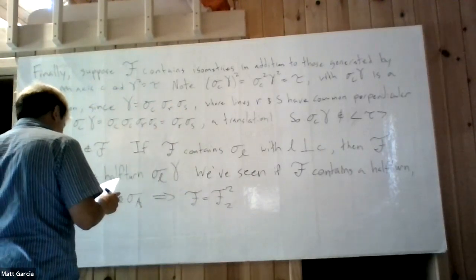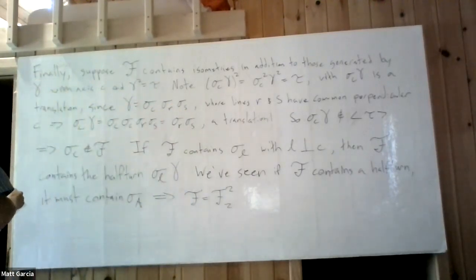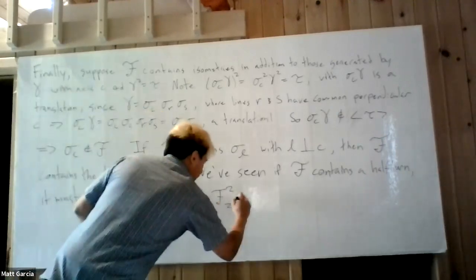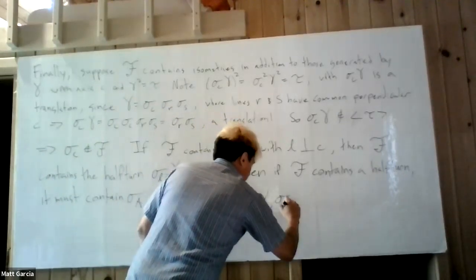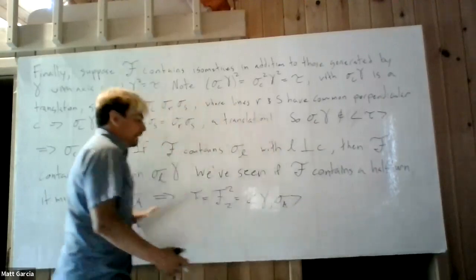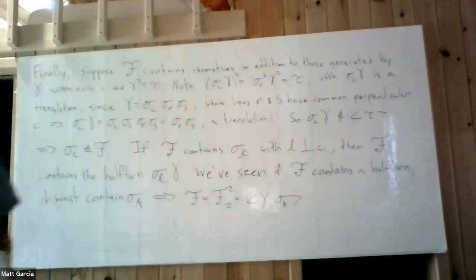F22, which let me remind you, is the group generated by gamma and sigma A. Okay.